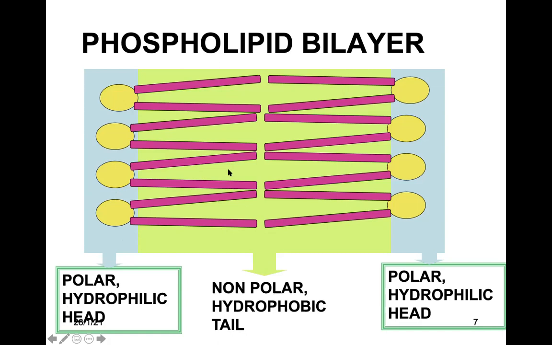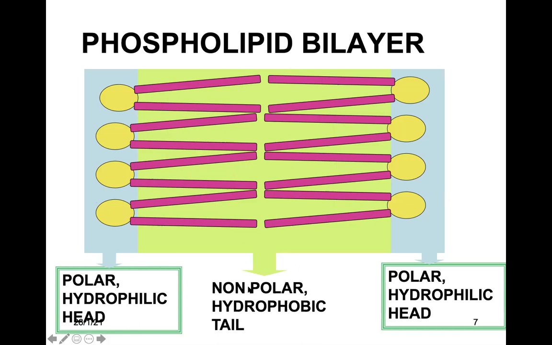Hydrophobic, it is not attracted to water, but it is attracted to fat. Hydrophilic is attracted to water, hydrophobic is attracted to fat. And then polar means that it has direction. For example, this head is facing outside the cell. For this one, the head is facing inside of the cell.